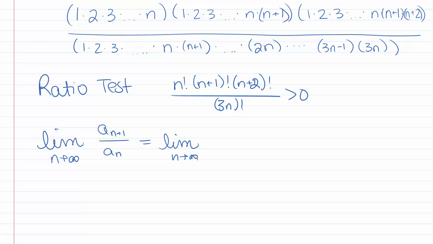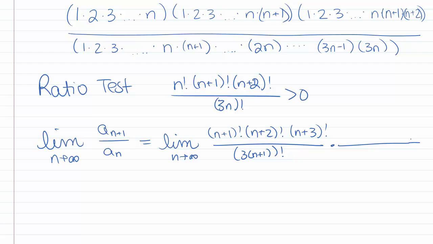So first we'll write a sub n plus 1, so that's n plus 1 factorial, n plus 2 factorial, n plus 3 factorial, divided by 3 times n plus 1 factorial, times, and then a sub n's on the bottom, so we'll flip it over. This is n factorial, n plus 1 factorial, n plus 2 factorial, over 3n factorial. Now we can quickly see that the n plus 1 factorials cancel and the n plus 2 factorials cancel.